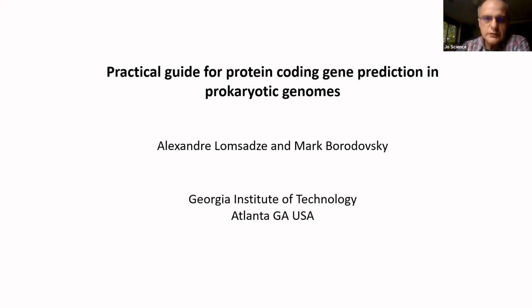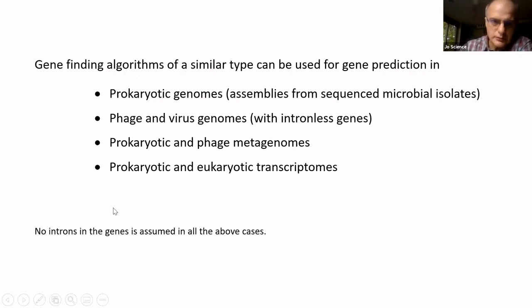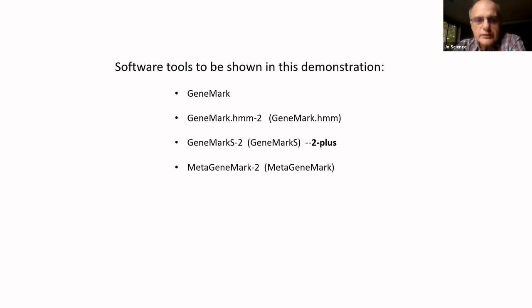And these tools can be used not only in prokaryotes, but also in prediction in phages, viruses, in metagenomes, in prokaryotic and eukaryotic transcriptomes, in all sequences which don't have introns. Everything which has introns will be covered in the next topic by Thomas. And there's 4 main tools I will be talking about, 4 software tools.